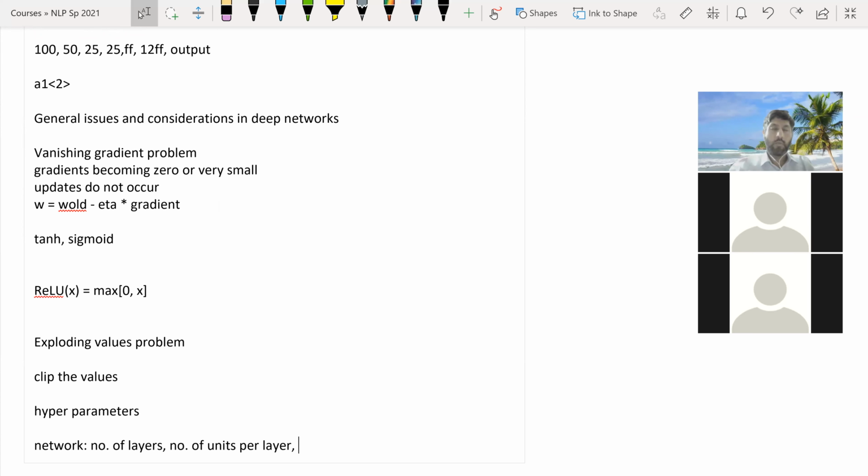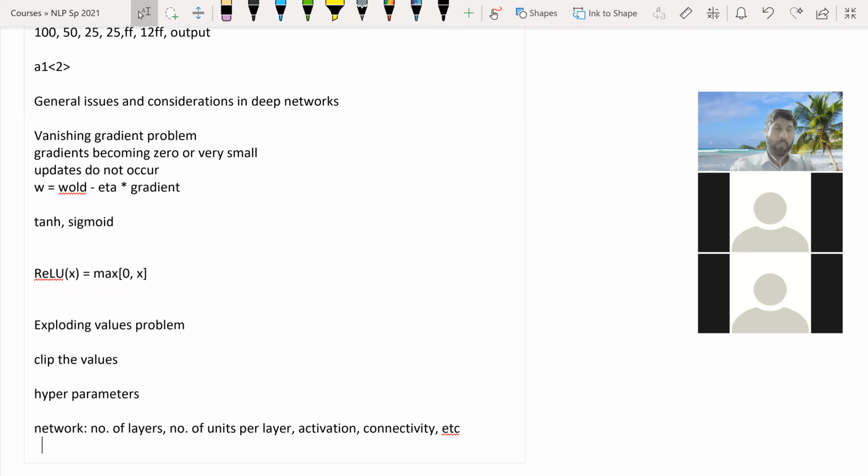So you can also talk about activation function to use. You can think about connectivity and so on. Okay? So these are also decisions that you need to make. These are generally put into hyperparameters. And then there are also some optimization hyperparameters.